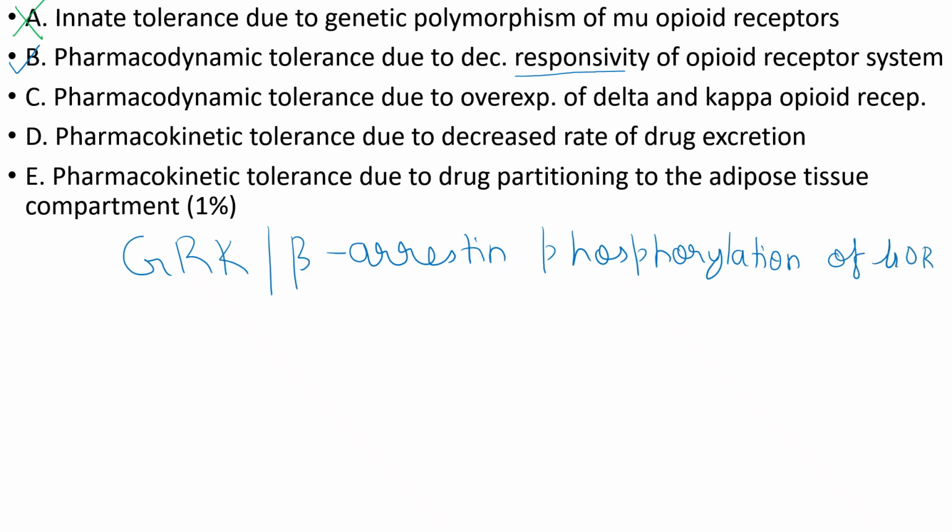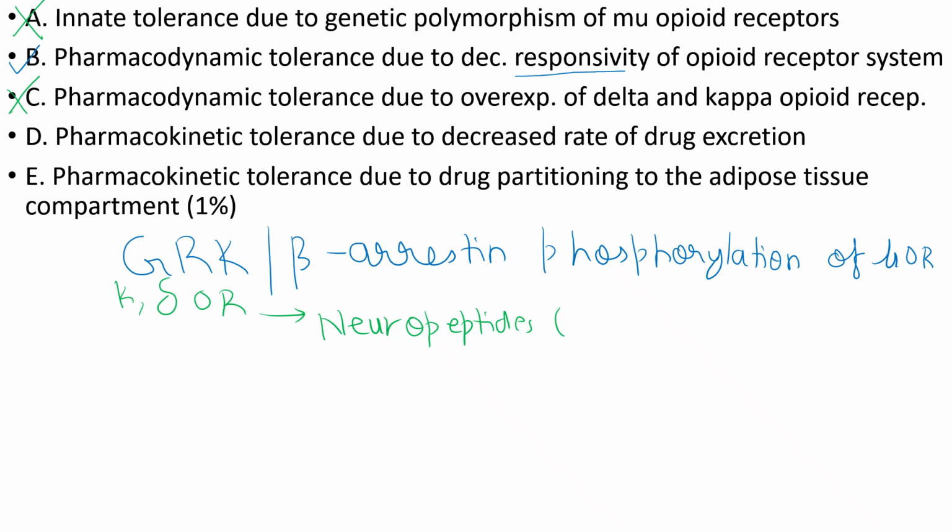Then pharmacodynamic tolerance due to overexpression of delta and kappa opioid receptor. This is wrong because the kappa and delta opioid receptors basically bind to endogenous opioid-like neuropeptides produced in the body.